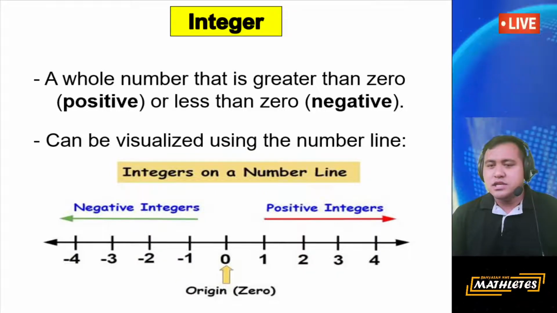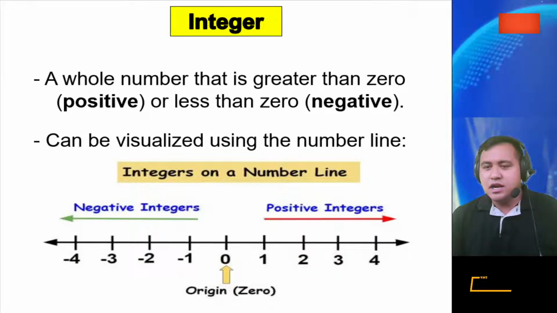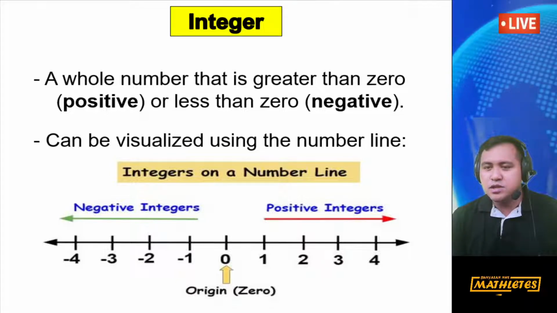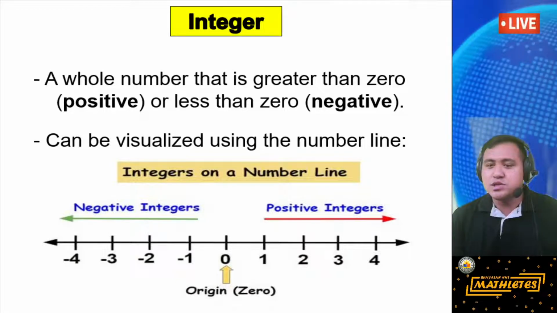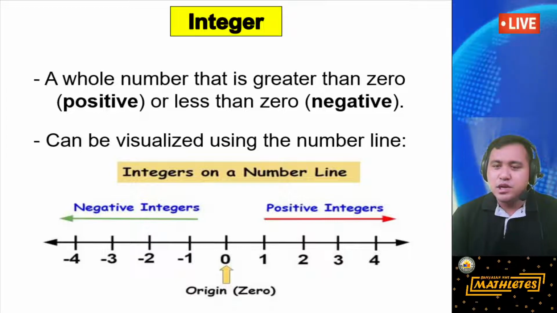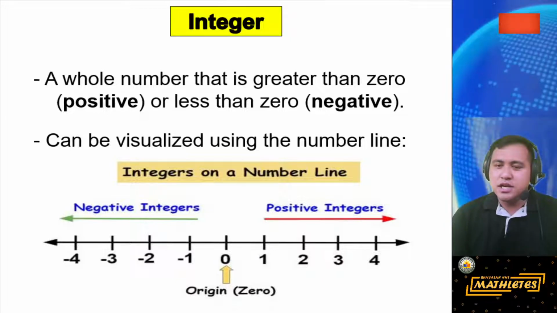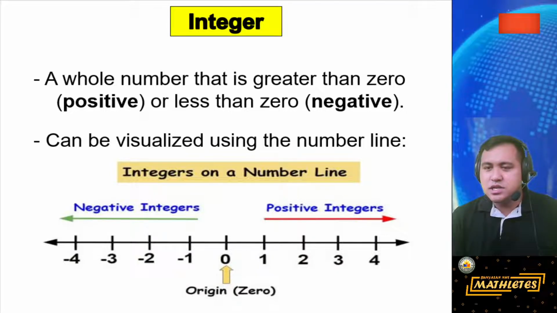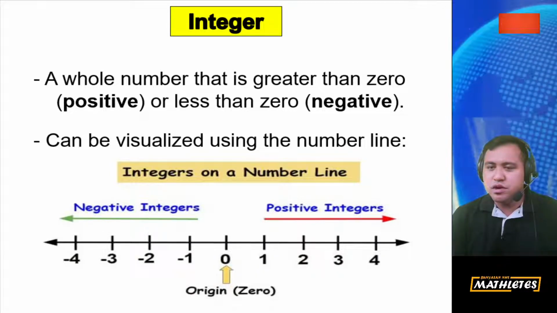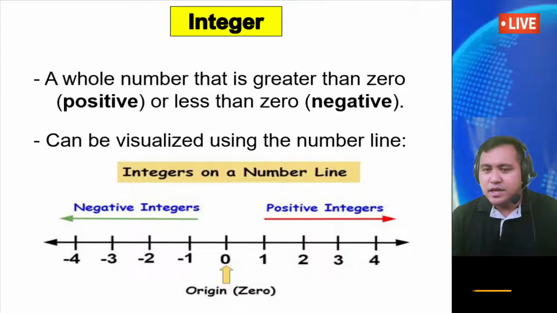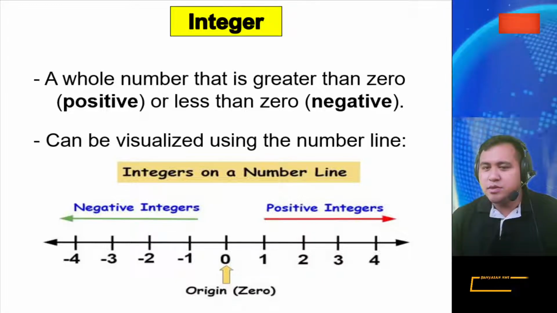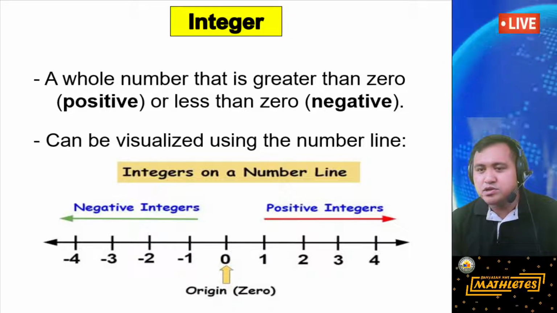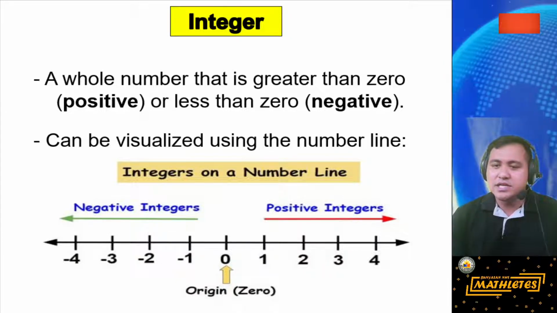Now we're going to add only rules that we are going to use when performing those fundamental operations when it comes to negative numbers. So ang kini nga topic matawag siya og fundamental operations of signed numbers. Signed siya because we are talking about how we are going to perform fundamental operations on signs, so positive and negative.